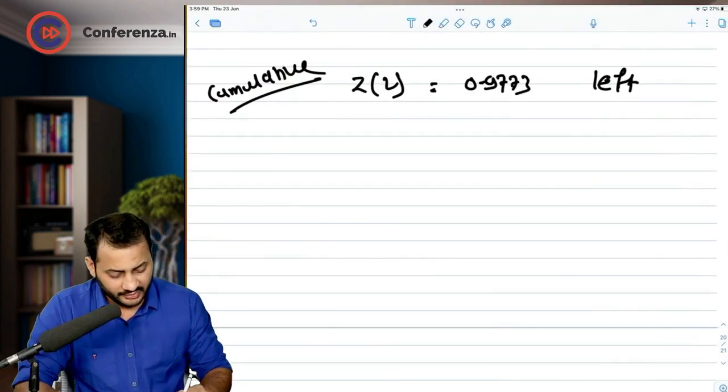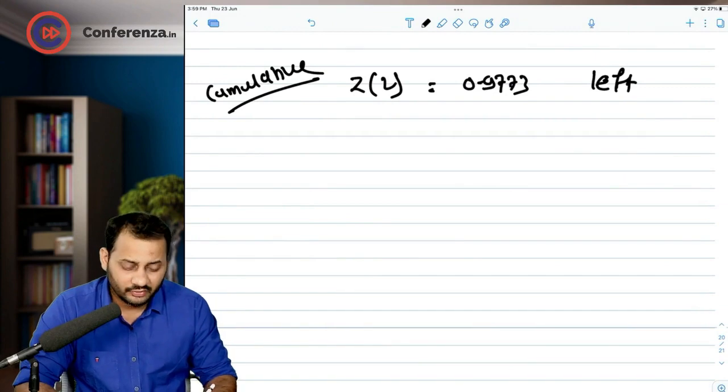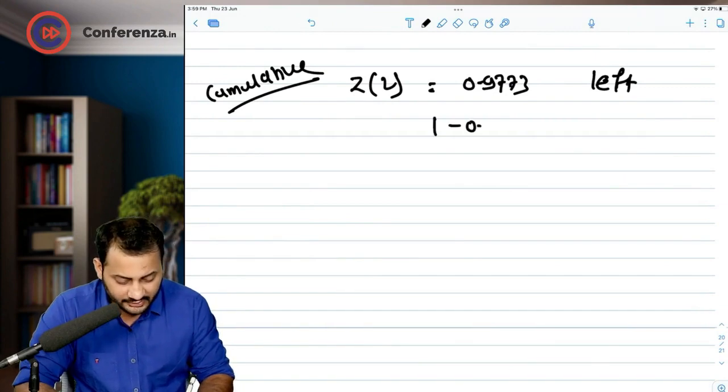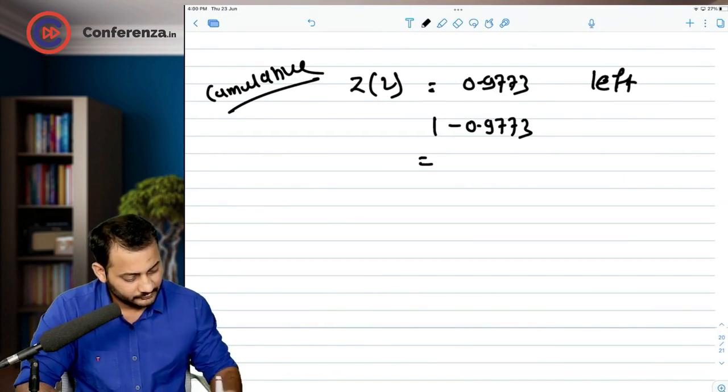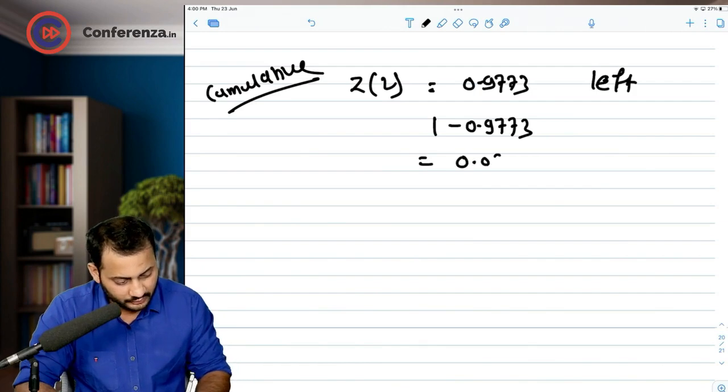But it is very easy to calculate the area on the right. What you have to do is 1 minus 0.9773, which is 0.0227, that is 2.27%. This is the area on the right. Why?